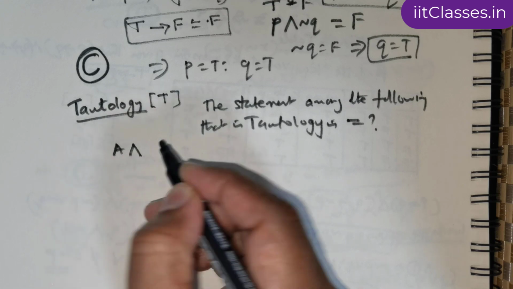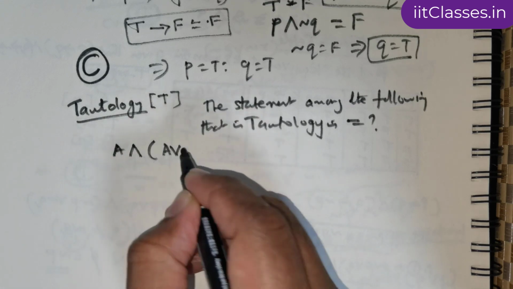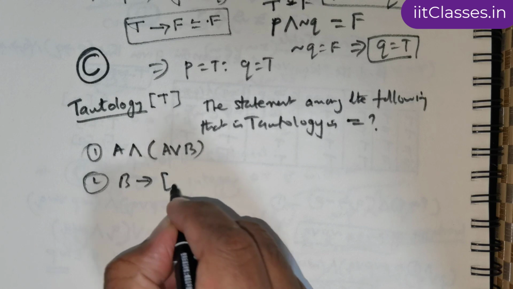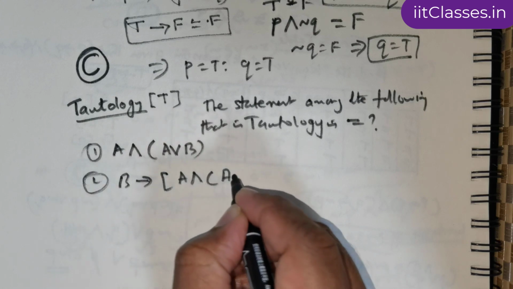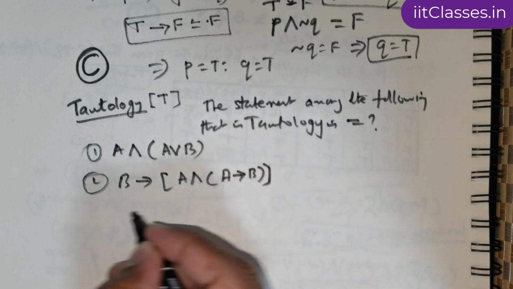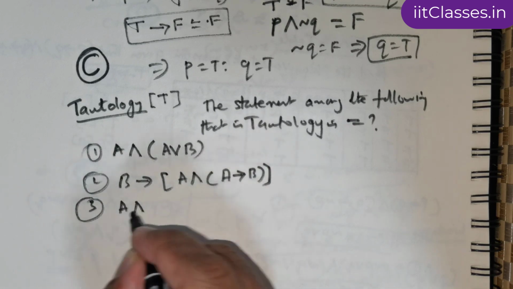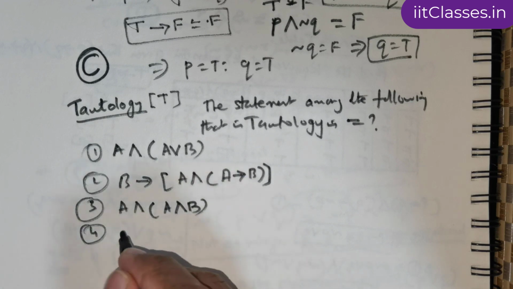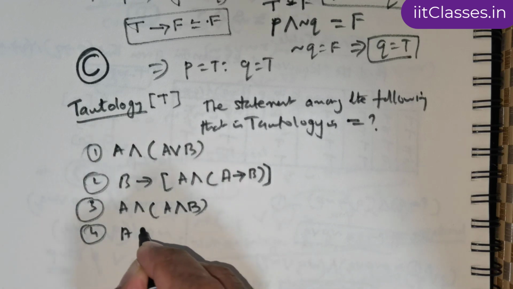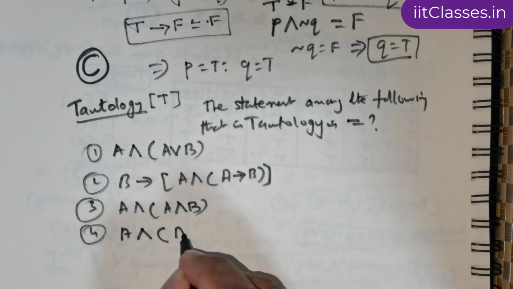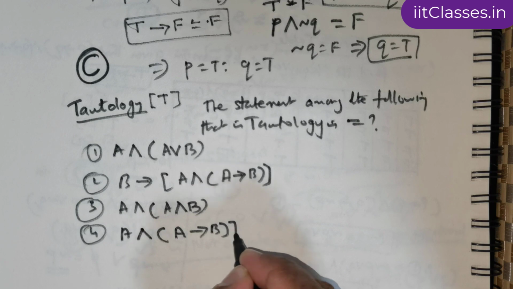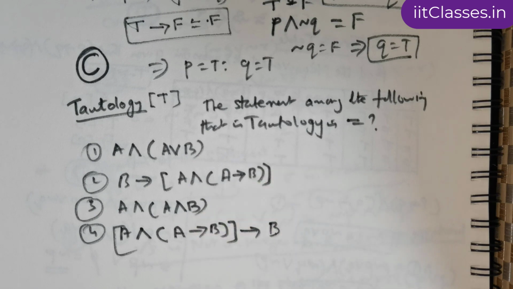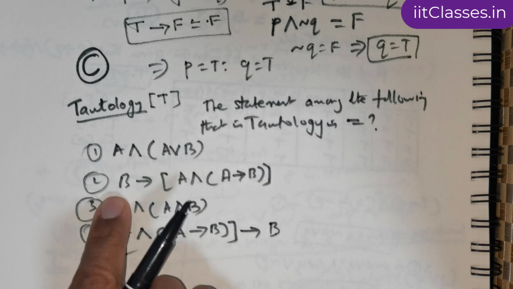Choice 1, A conjunction of A disjunction B. Number 2, B conditional of A conjunction of A conditional B. Then 3 is A conjunction of A conjunction B. And the last one is A conjunction of A conditional B, this entire thing is implied to be. Now instead of PQ, we've been given AB.